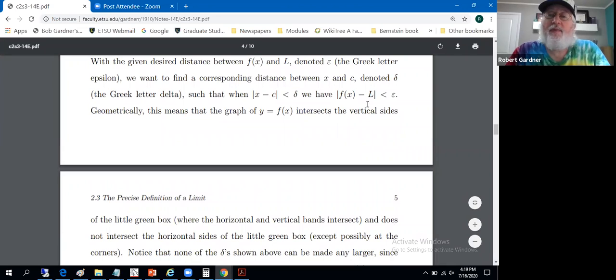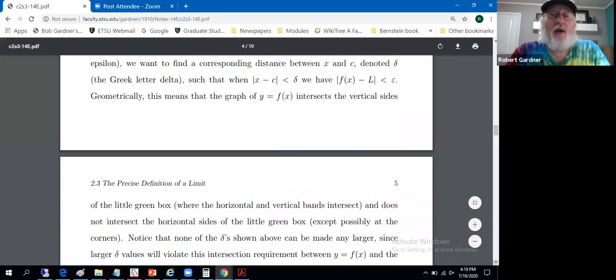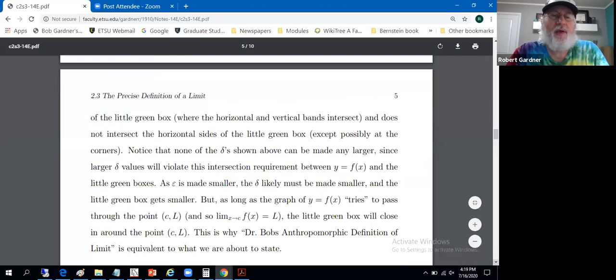Geometrically, these two conditions mean, there's an alternate way of describing it, that the graph of y equals f of x intersects the vertical sides of the little green box, where the horizontal and vertical bands intersect, the intersection of the little bands, and does not intersect the horizontal sides of the little box, except maybe at the endpoints. So let's look at that again.